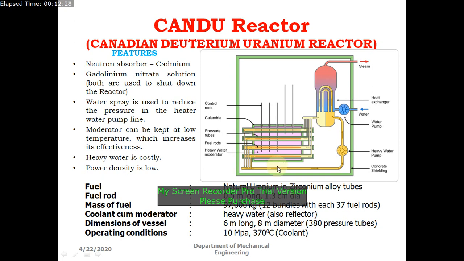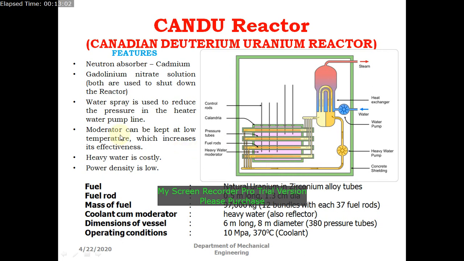Otherwise the problem is, if the hot heavy water is circulated without cooling, it results in a reduction in the gain of heat from the fission reaction. If less heat is gained by the coolant, the surface temperature of the fuel rod will increase, resulting in an increase of pressure tube temperature. So this is to be avoided. For that purpose, we are providing the spray of water to reduce the temperature of the hot heavy water.